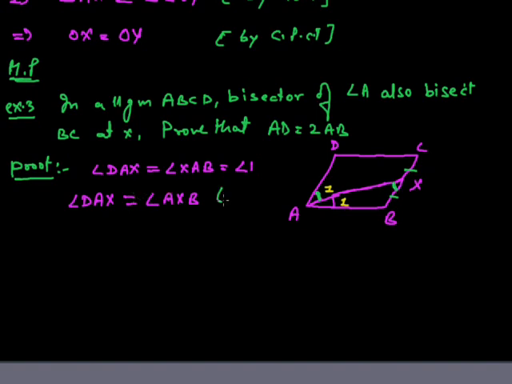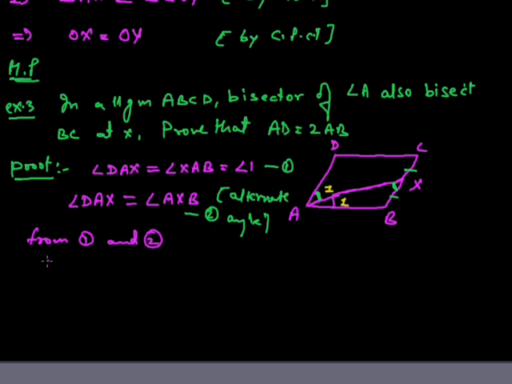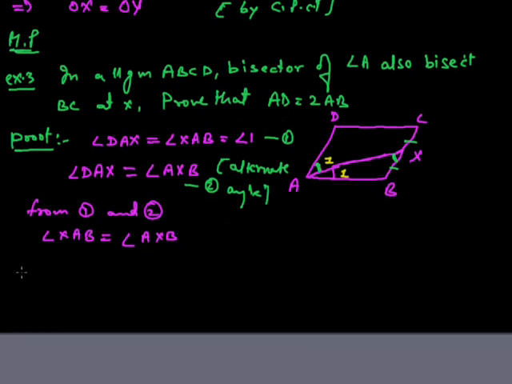Reason is alternate angles. From 1 and 2, we can write angle XAB is equal to angle AXB, and it gives us AB is equal to BX.